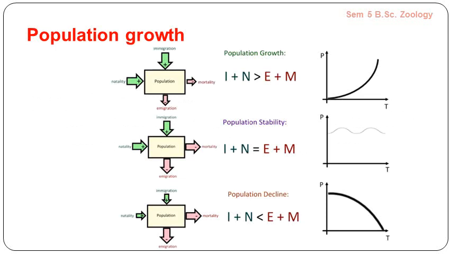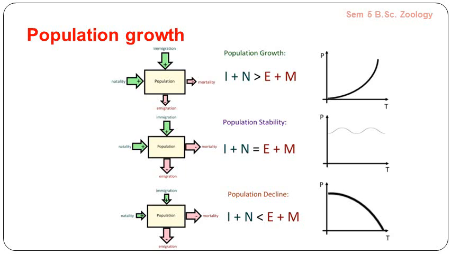Okay. In the last presentation we dealt with population size and population density, and we saw that the four primary attributes or parameters which influenced the population size and density were natality, immigration, emigration, and mortality.